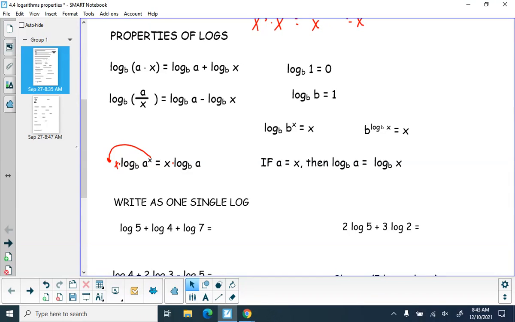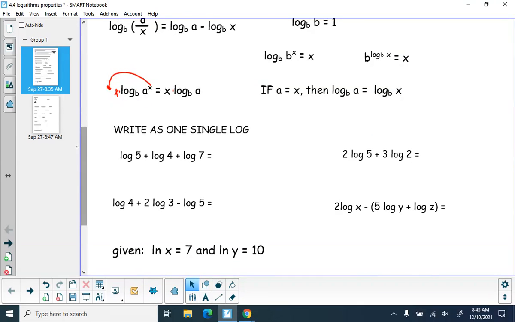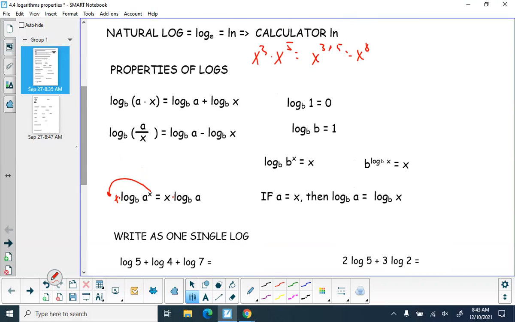So if we use our properties of logarithms, writing it as a single logarithm, I have three logs that are being added together. Basically what we have is this here, and I want to write it as one single log.